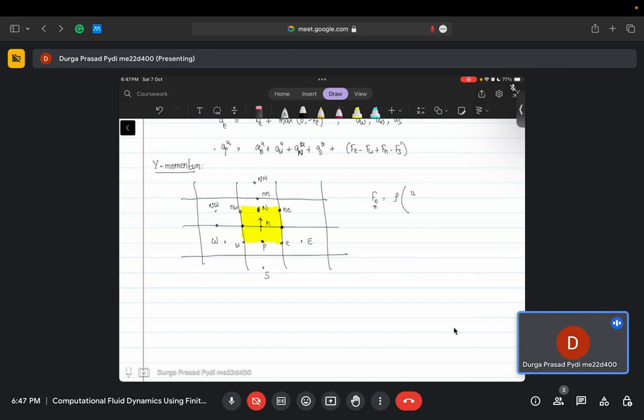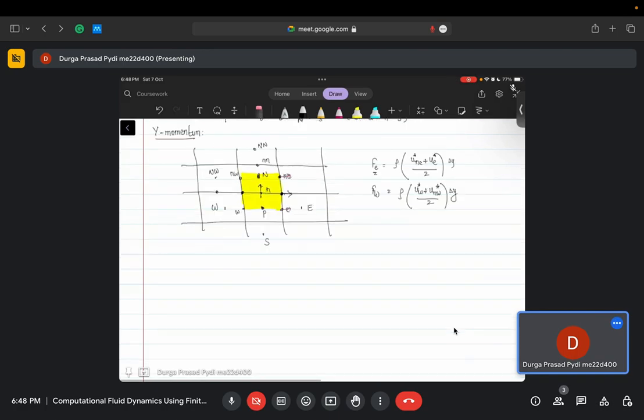But I do not know the value of U at this point, so I'll use an approximate value from east and northeast: U northeast plus U east by 2, times delta y. Both of them are star values, essentially from the previous iteration. For F west, again I'll use NW and W. So F east and F west are done.